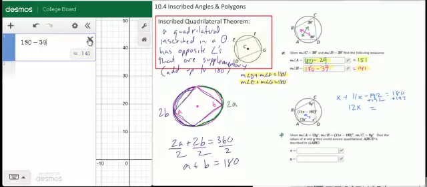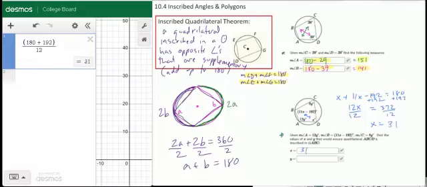And you can either leave it as a full calculation if you want, or you can do the calculated value. So here, 372, and then divide by 12. And that's going to give you your answer of 31. Okay, so x is 31 in that particular case.